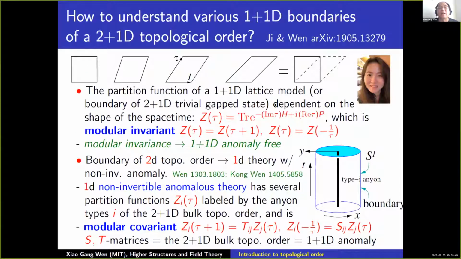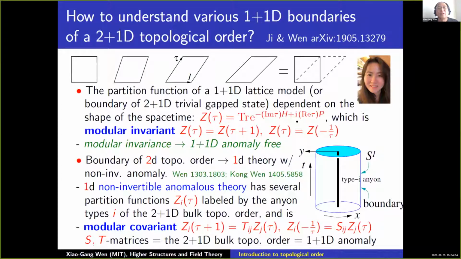When you have a 1+1D conformal field theory, it has a partition function defined on a space-time with some shape. So space-time is like a torus. The shape of space-time is parameterized by this complex number tau, in that kind of moduli space. And then the partition function is actually modular invariant under the modular transformations.